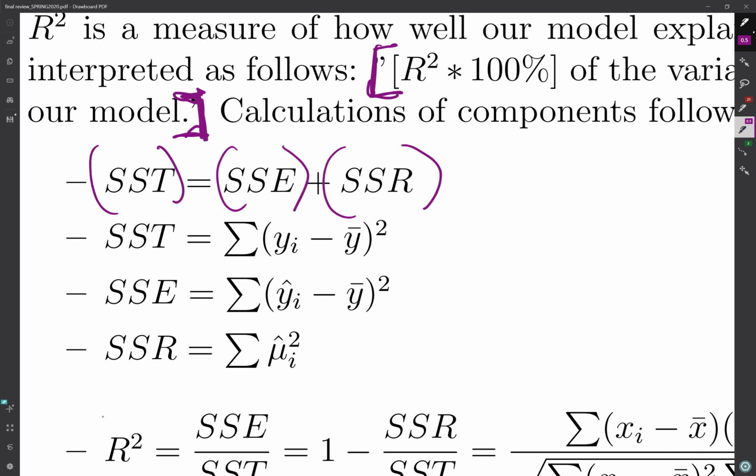What is the total sum of squares? It's just the difference between yi and y bar, squared. What is the explained sum of squares? This is the amount of variation explained in our model, and that explanation comes from the difference between y bar and our estimate of what y should be.